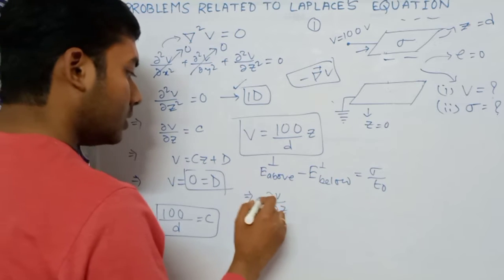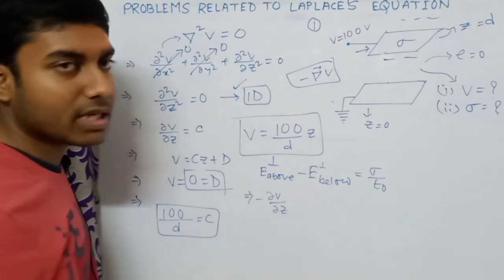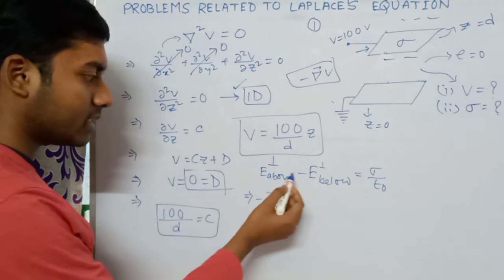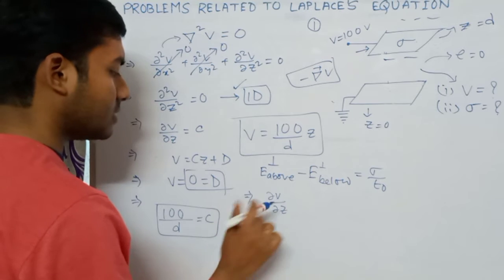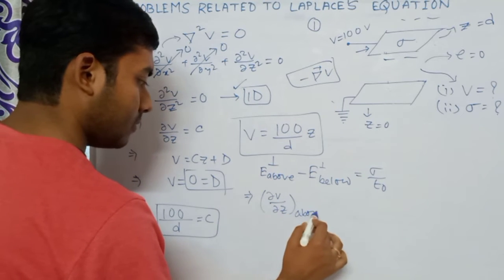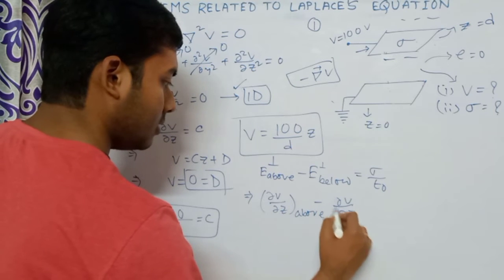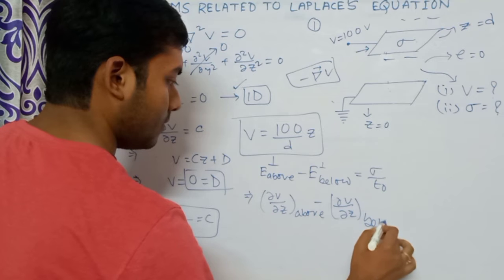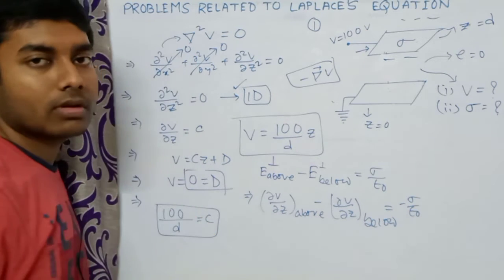So E is equal to minus del V over del Z, which means an additional negative sign will be present. If we take that negative sign common, then this will become del V del Z above minus del V del Z below, which is equal to minus sigma over epsilon naught, right?